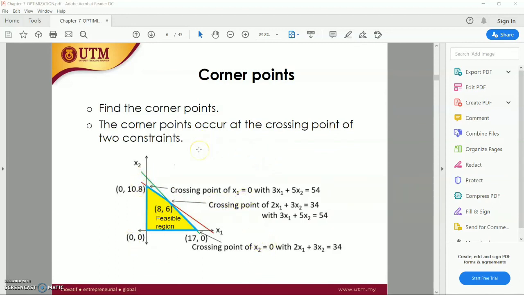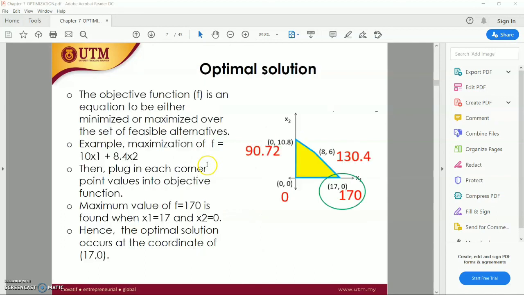So the corner points actually occur at the crossing points of the two constraints. And then we can also find out the optimal solution. The optimal solution is given here. How to find out? This is the axis and this is the axis. And then we can see the objective function f is an equation to be either minimized or maximized over the set of feasible alternatives.